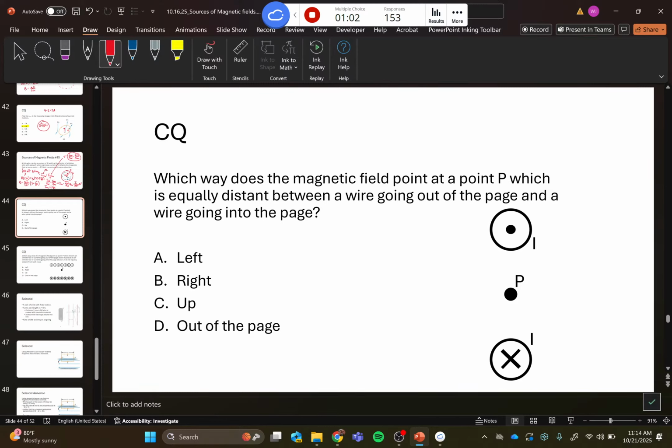All right, I'll give you all a bit more time. It seems like we're still needing a bit more time to do this. Find the magnetic field due to each wire, draw them, then add or subtract each one.